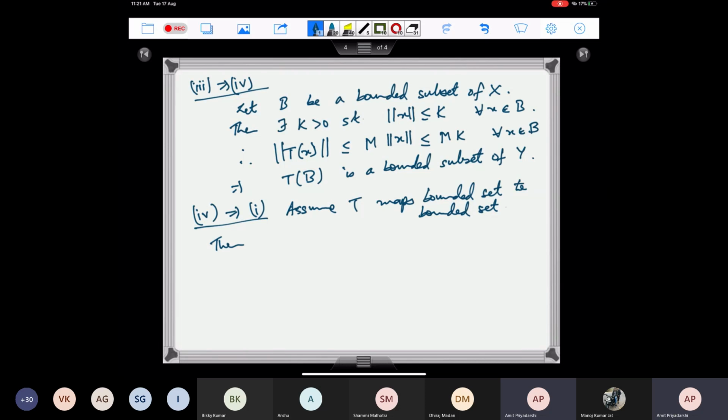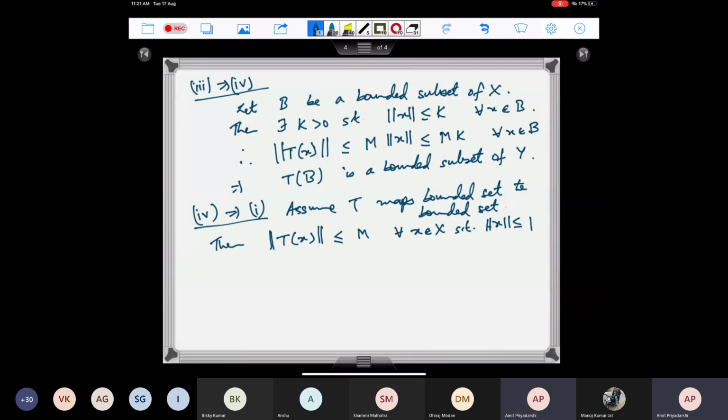Then norm of Tx will be less than or equal to some m for all x in X such that norm x is less than or equal to 1.